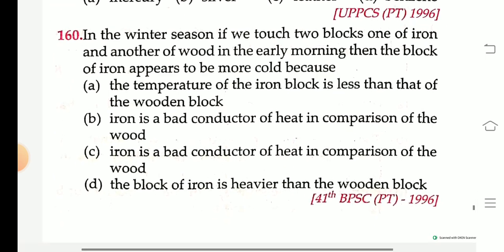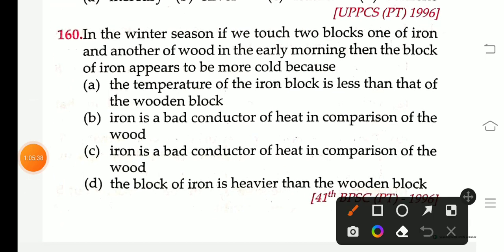Next, in the winter season, if we touch two blocks, one of iron and another of wood, in the early morning, then the block of iron appears to be more cold because, right answer will be option B, iron is a good conductor of heat in comparison to wood.